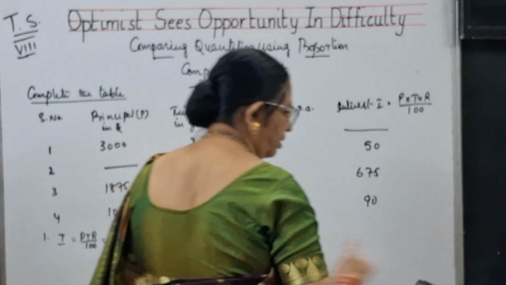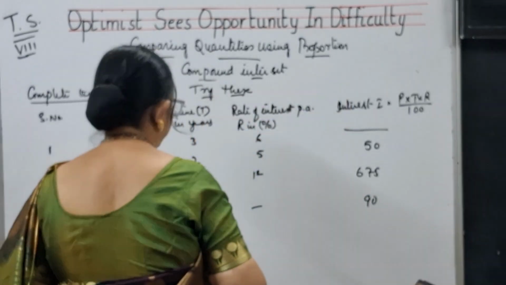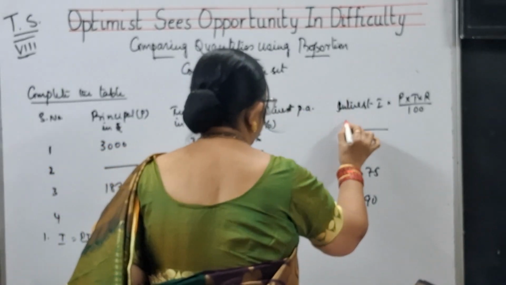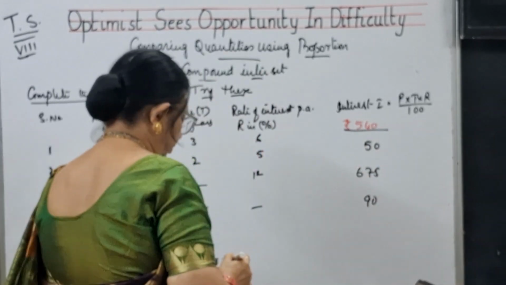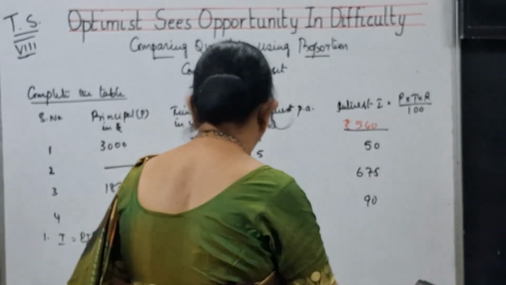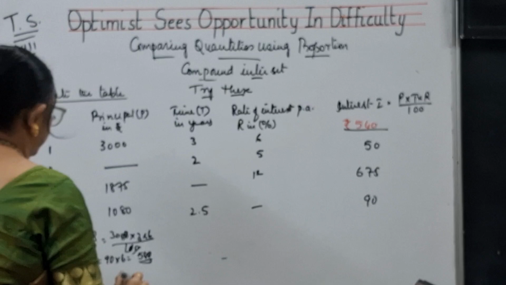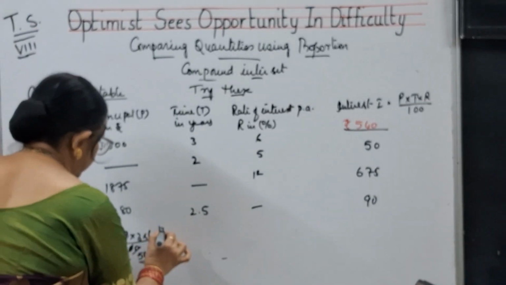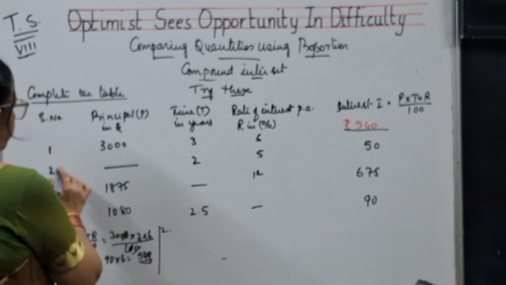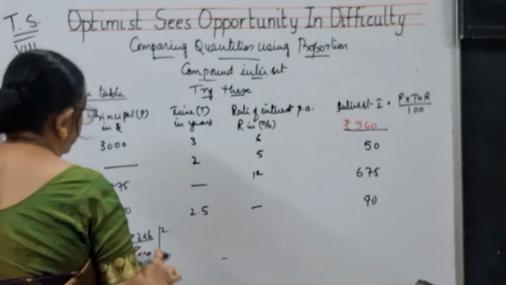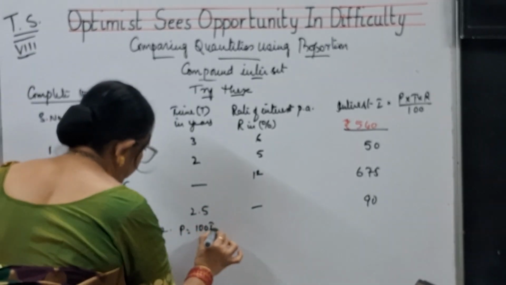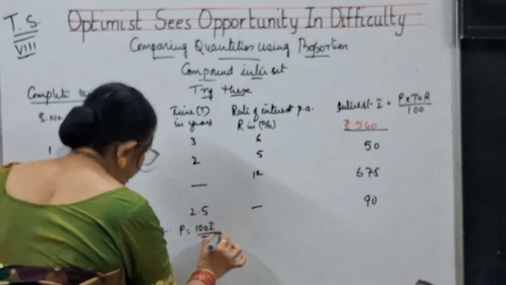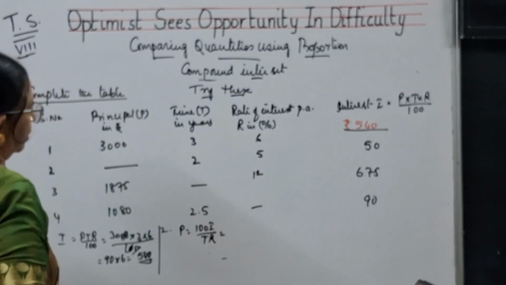9 sixes are 54, that is 540 you are getting. So the answer here, the interest is rupees 540. Now let us see the second problem. Second problem, principal you want. I told you P is equal to 100I by TR. This is the formula I told you, derived earlier.